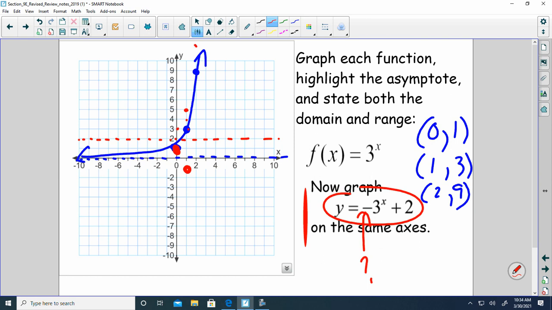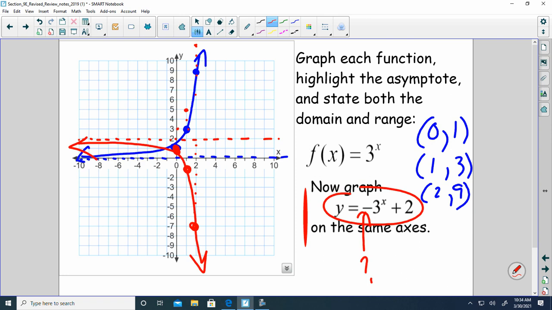This one went up 2. Okay, so this is 1, 2, 3, 4, 5, 6, 7, 8, 9. So now it's going to be here. So I realized I counted up each point and then I flipped it over the asymptote.